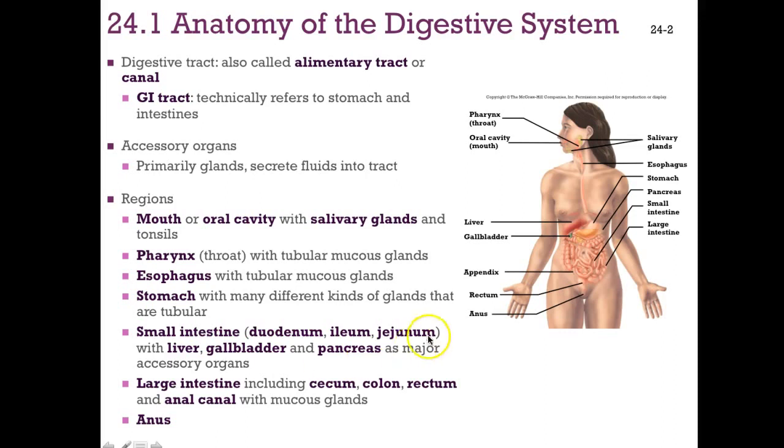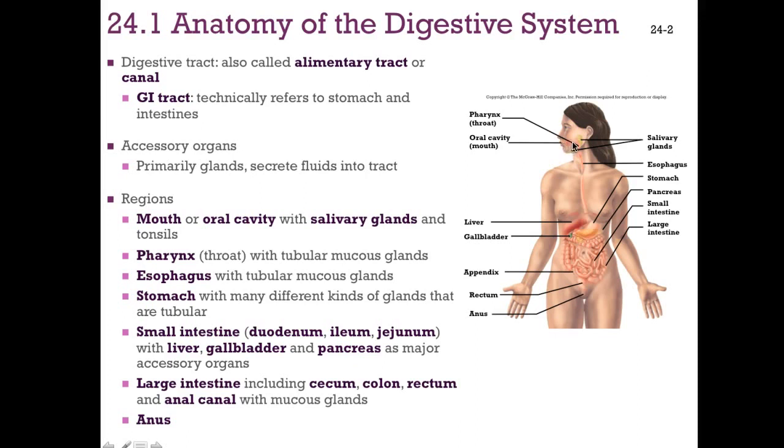So let's look at the figure here on the right. We have, of course, starting our digestive system over at the mouth or the oral cavity. This is where we have the accessory organs of our salivary glands, and our tonsils are located in here as well to fight any pathogens that come our way.